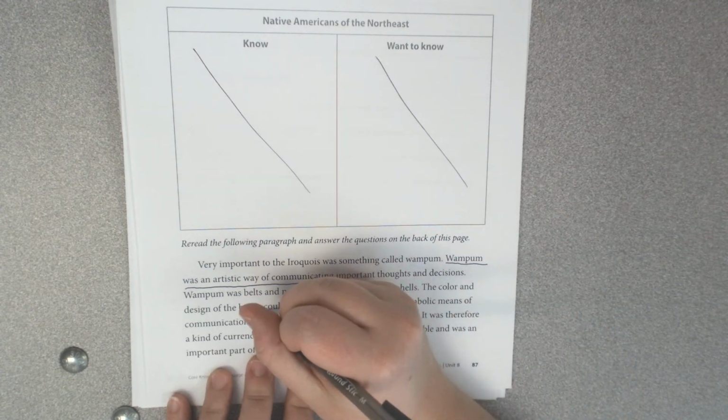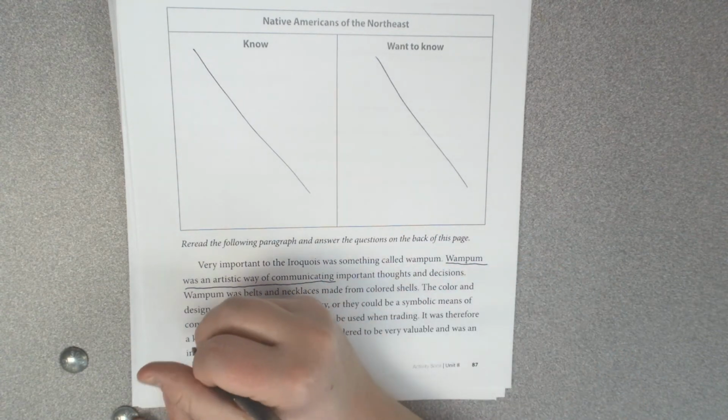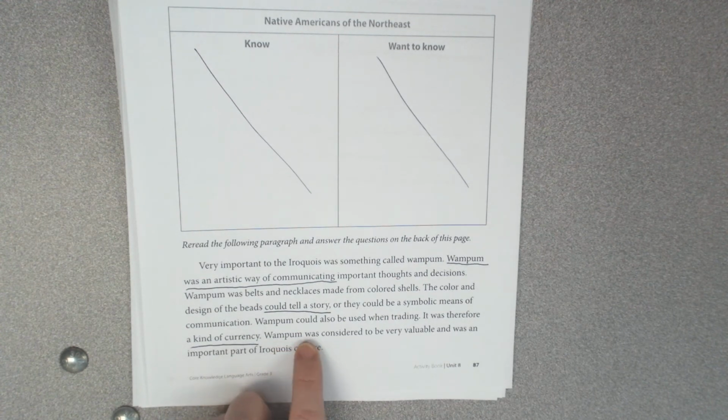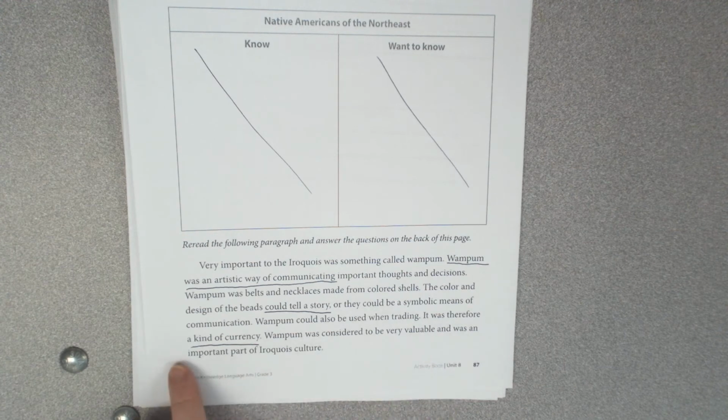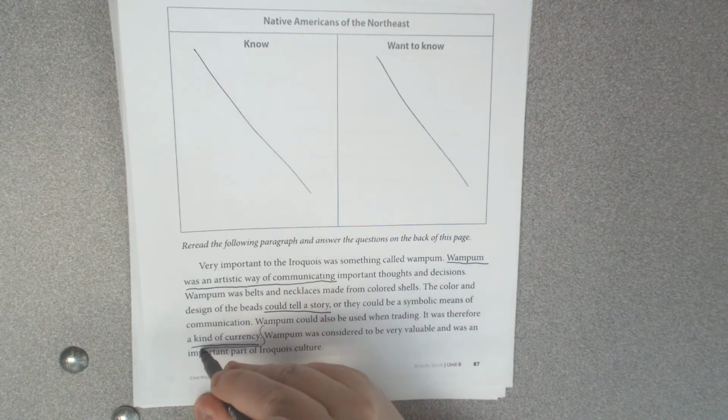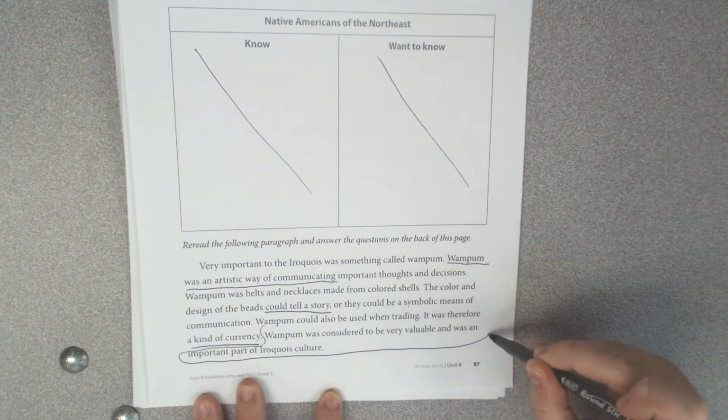It could tell a story, and it was a kind of currency. So here it talks about wampum was considered to be very valuable and important to the Iroquois culture. That right there, this whole sentence here, this is your main idea.